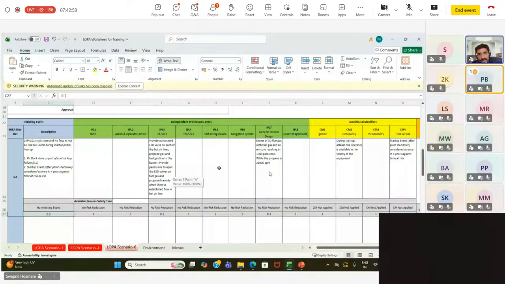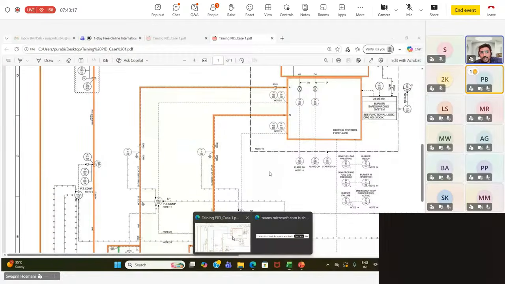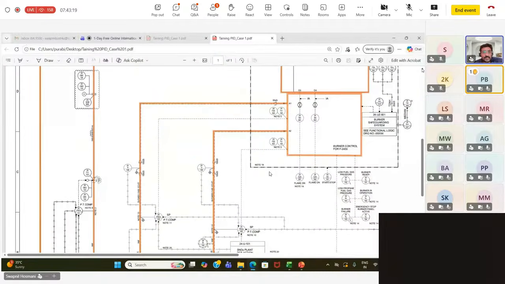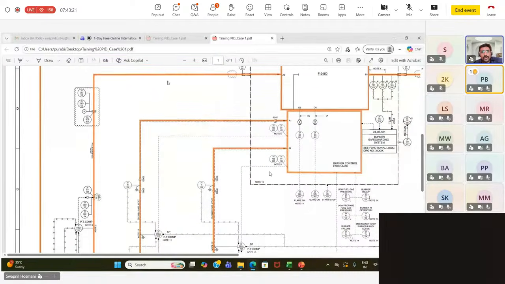We deliberated that, and during the HAZOP I provided this recommendation. Now, what was the recommendation? It said provide automated ESD on each of the hot air lines, propane gas lines, and fuel gas line to the burner. That means first of all I need to provide 3 ESDs on each of these lines, because here there is no ESD, nothing. This is a control valve, no on-off valves.